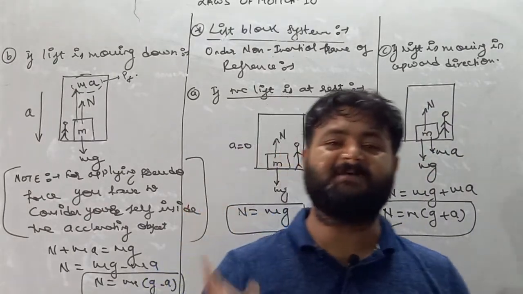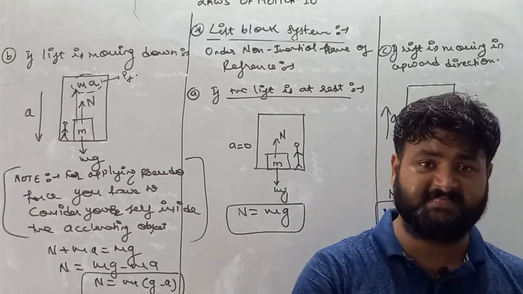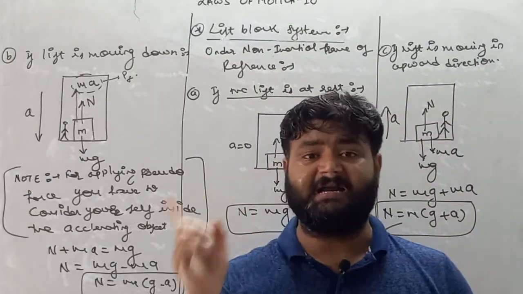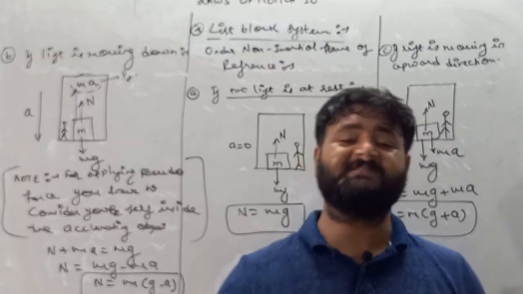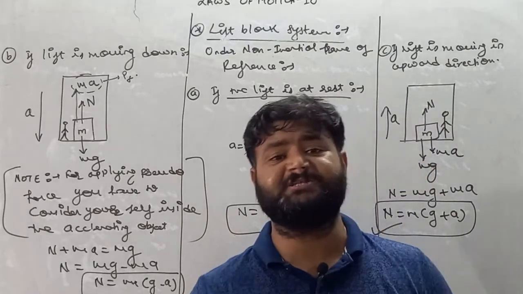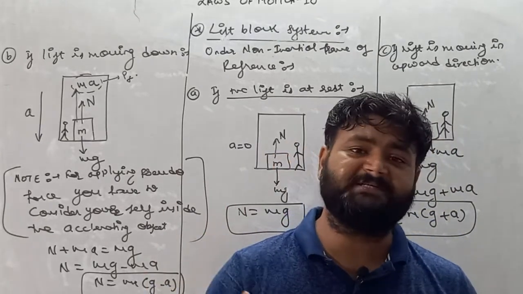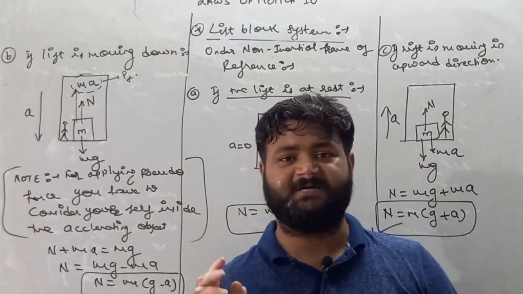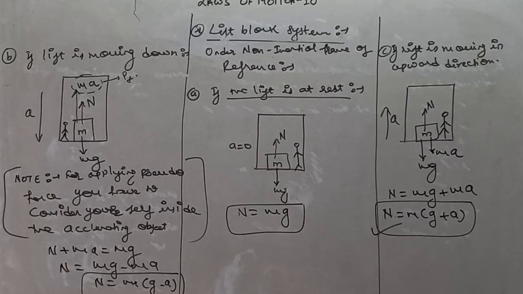If the system is accelerating, consider the observer to be in the accelerating system, then make the FBD under normal conditions, that is, under the inertial frame of reference, then apply an imaginary force opposite to the direction of motion of the observer. It is equal to the mass of the object multiplied by the acceleration of the observer. After applying pseudo force, you will see, my dear student, that the things become easy.